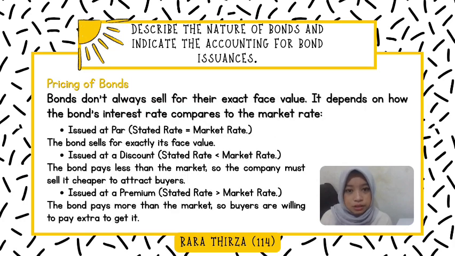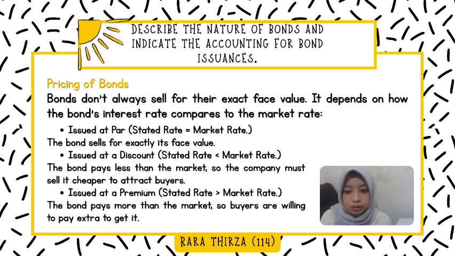Now let's go to the next slide. We're going to talk about the pricing of bonds. Bonds do not always sell for their exact face value. It depends on how the bond's interest rate compares to the market rate. When issued at par, or when the stated rate equals the market rate, the bonds sell for exactly their face value.